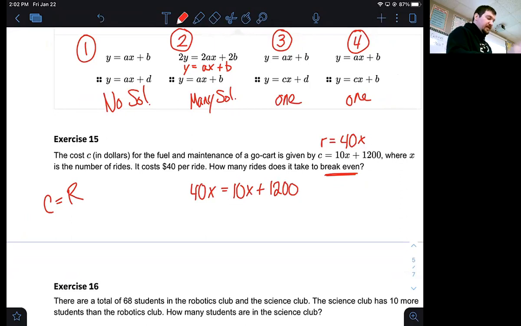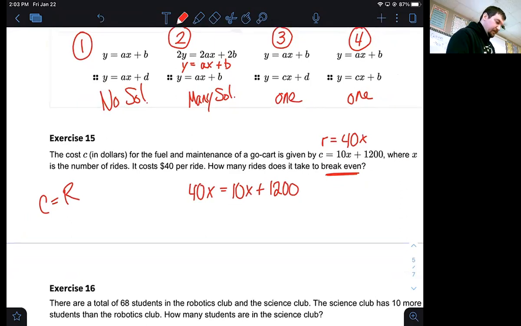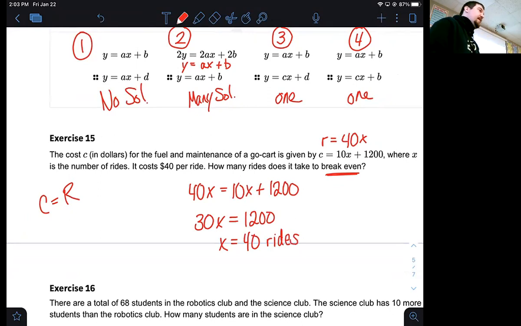Harrison, when I move the 10x over to the side, what's that give me? Okay, and what's 1,200 divided by 30? All right. So after 40, and what did X stand for? The number of rides. So after I do 40 rides on this, I will have broken even and I'll start making money and be out of debt.